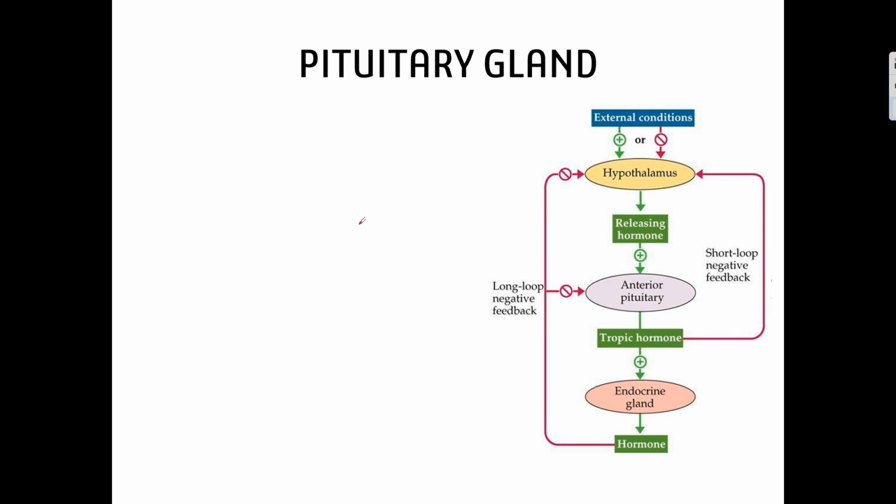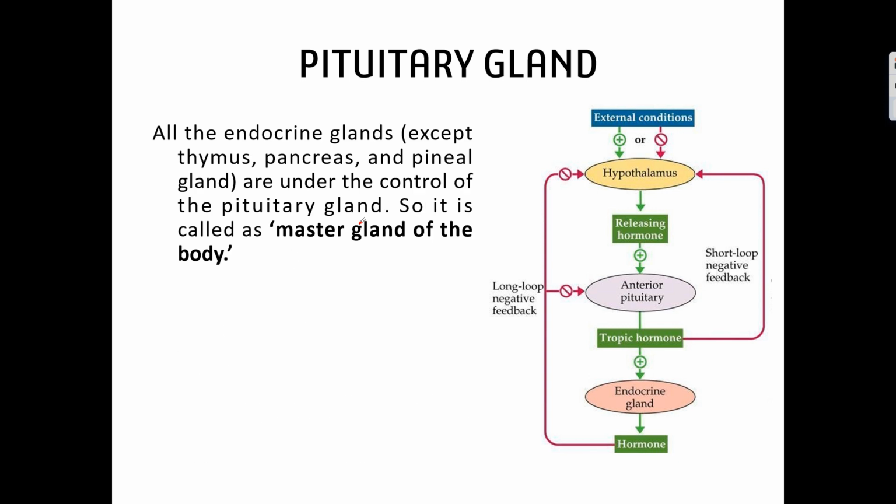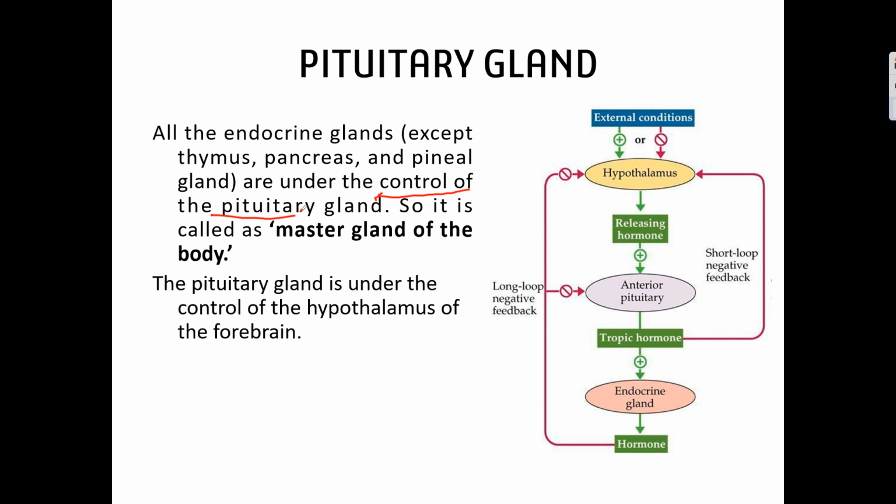Now let me talk about why the pituitary gland is called the master gland of the body. It is called the master gland because it controls all other glands of the body. It is located under the control of the hypothalamus.